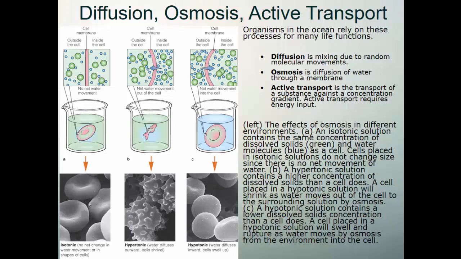A hypertonic solution contains a higher concentration of dissolved solids than the cell does. So again, inside the cell, you have way more of the dissolved solids than you have outside the cell. So there's a gradient.